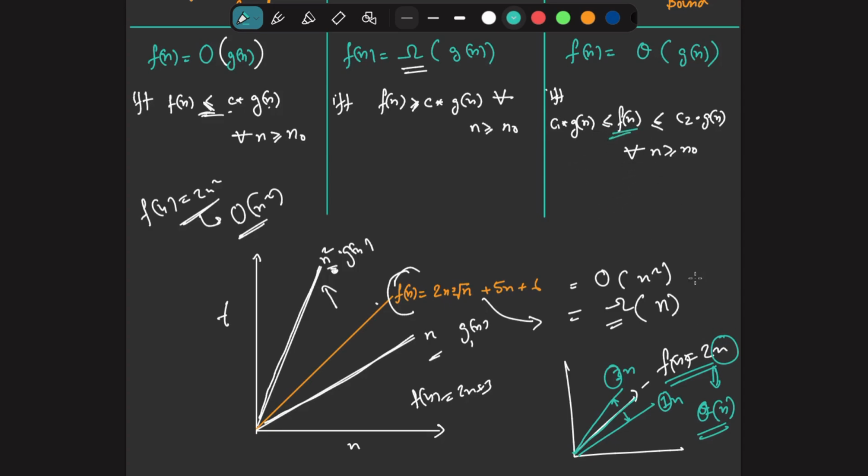Here g of n is n, and this is c1 and this is c2. So f of n should be less than c1 g of n and greater than c2 g of n. Here f of n is 2n, which is less than 3n but more than n. So we get a tight bound where g of n is n, and we can write it as theta of n.